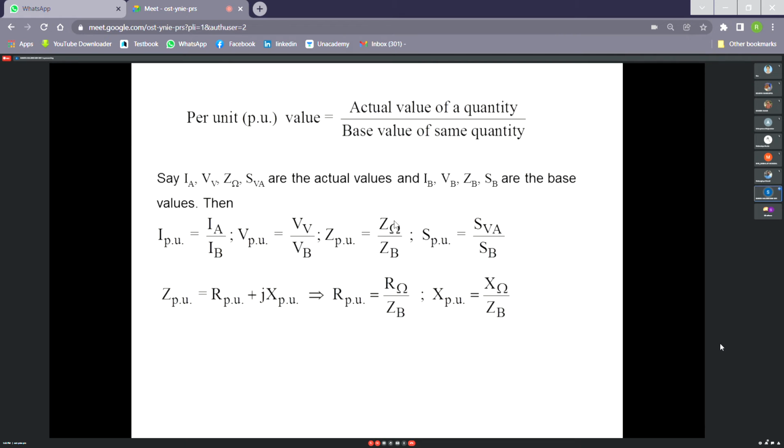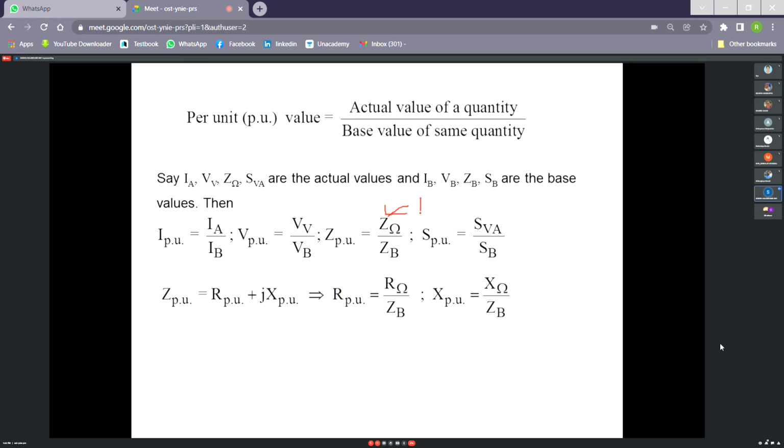This is a complex number, ZB is a real number. Now R per unit is not R ohm by RB, but R per unit is R ohm by ZB. Why? Because Z is R plus jX, right? So we shall divide by ZB.